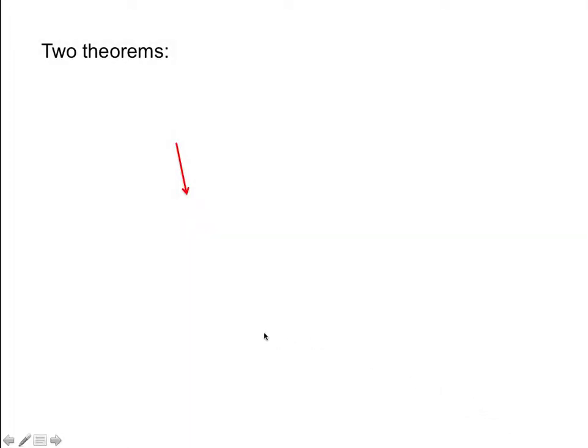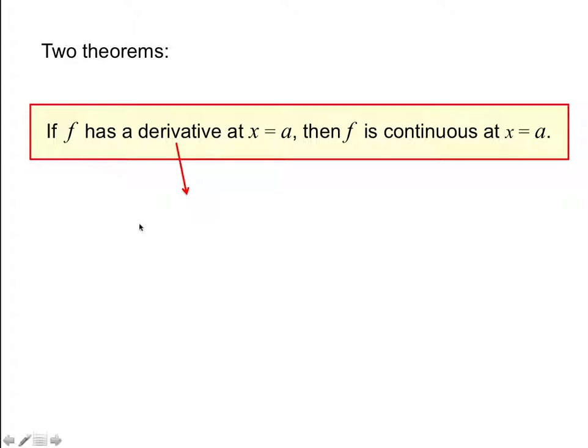So there are two theorems in your notes, and we're just going to mention them briefly, and they're written kind of unusually complicated, but they're kind of getting at just this basic thing about derivatives. So don't read too much into it.